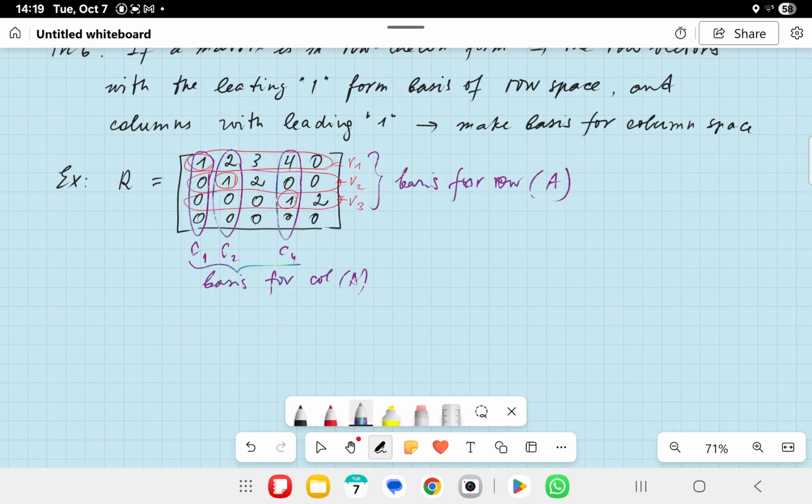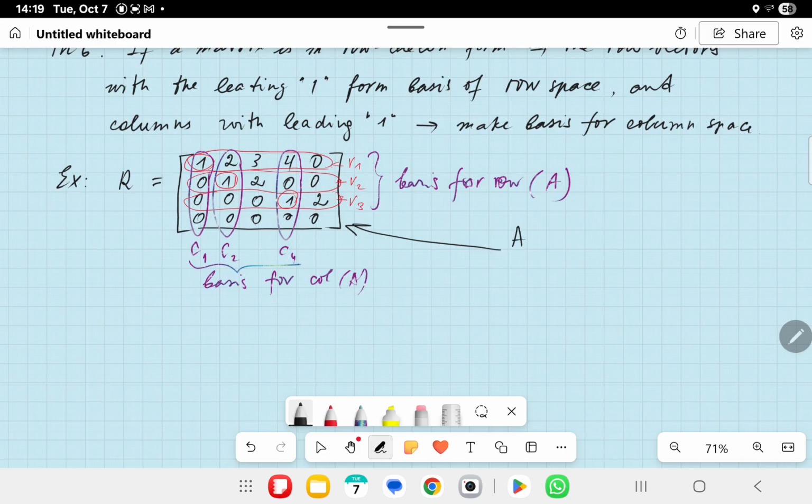Now, sometimes we will need to find which vectors we have over here, C1, C2, C4, or R1, R2, R3, are not the same vectors which were in the original matrix A. The original matrix A probably has a different set, so this is already a modified one.